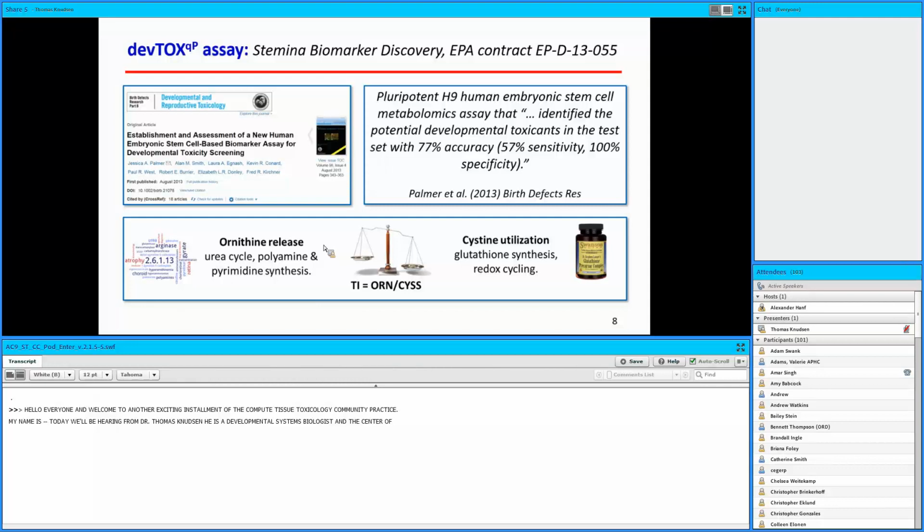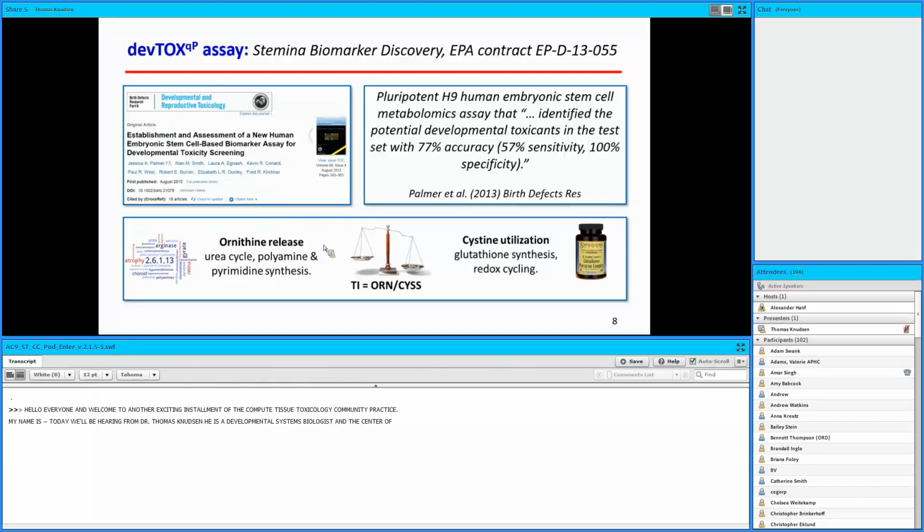Ornithine is a product of several pathways in the cell, including the urea cycle, polyamine and pyrimidine synthesis, and probably has a very strong connection to mitochondrial biology. Cystine is present in the culture medium at the start of the culture, and so it's brought into the cell, it enters the glutathione synthesis pathway, and it's involved in redox cycling.